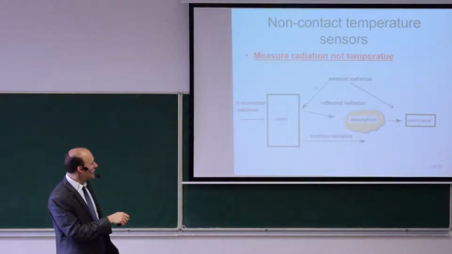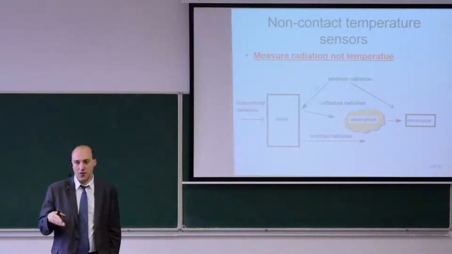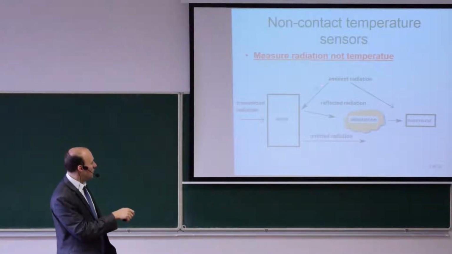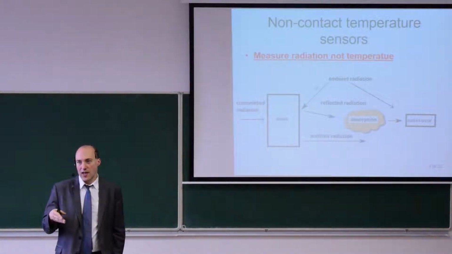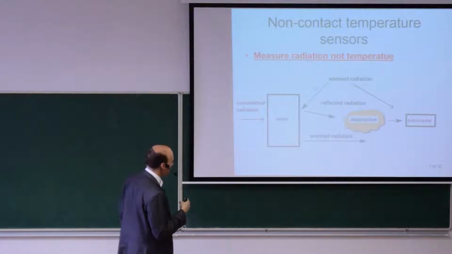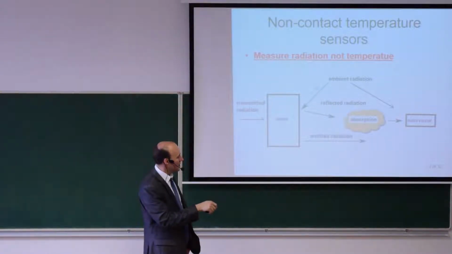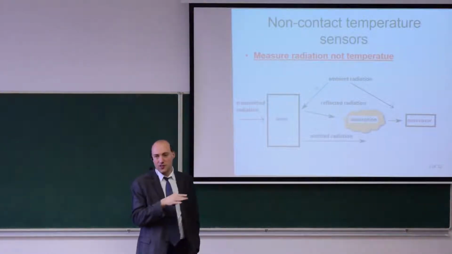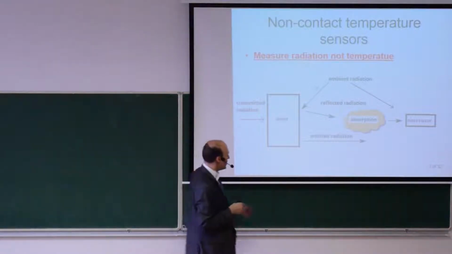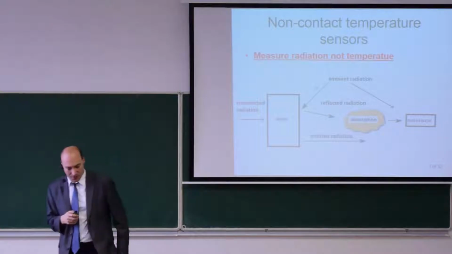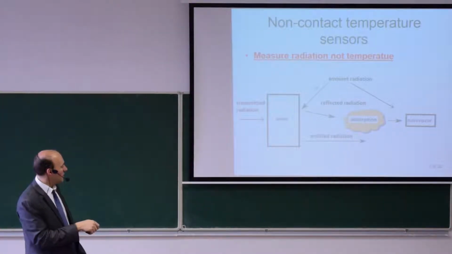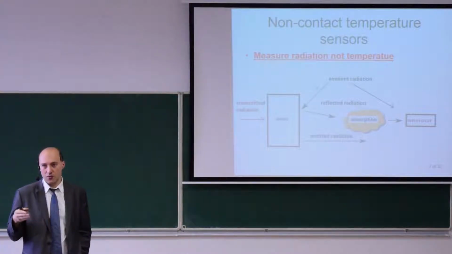So there will be some part of the ambient radiation going directly to the sensor, and some other part of the ambient radiation will be reflected from the object. And we will see with the sensor the sum of all those components that you see here. So we will not see just the emitted radiation as we would like to, but we will see emitted radiation plus reflected radiation. So this will be a problem.